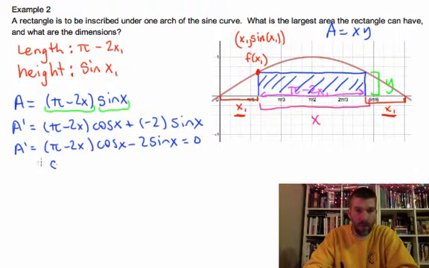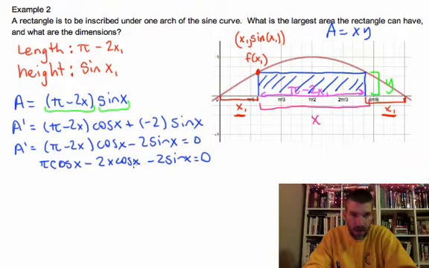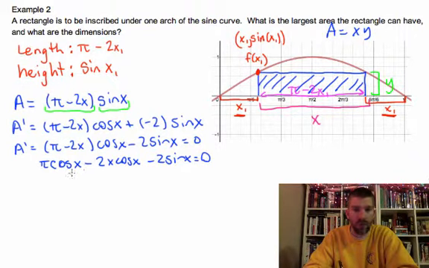But I would have pi cosine x minus 2x cosine x minus 2 sine x equals 0. And there is nothing in all three of those that I can factor out. So what we're going to do is graph this, and find all the places that this equals 0, and we're going to limit our search between 0 and pi.